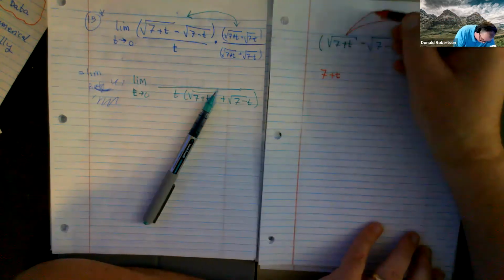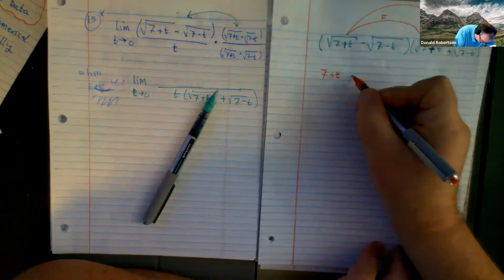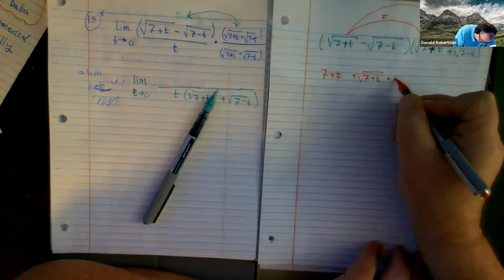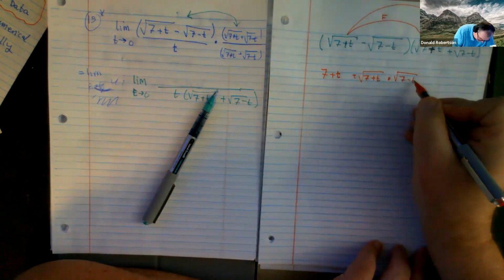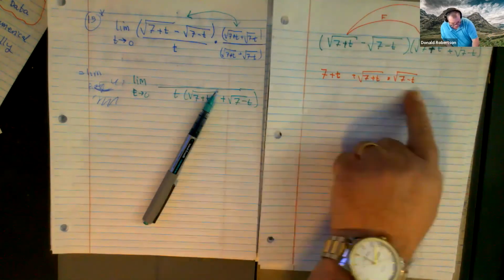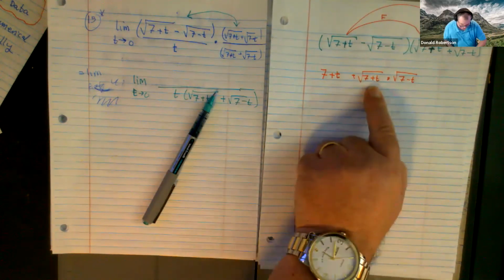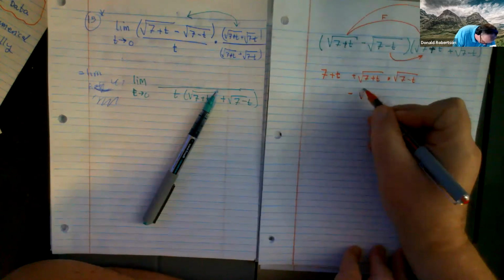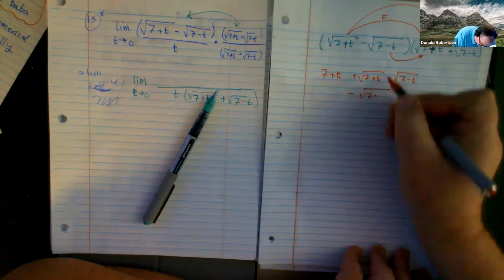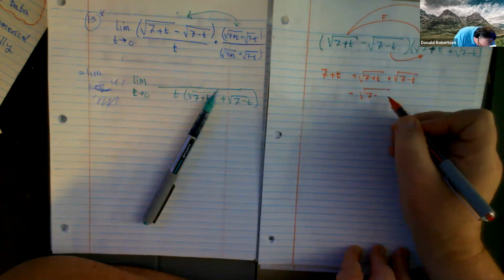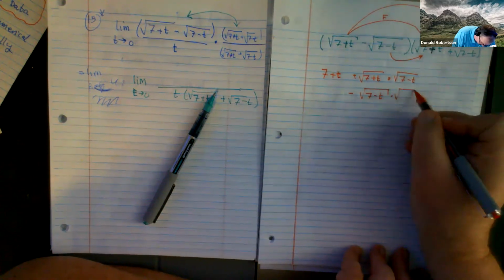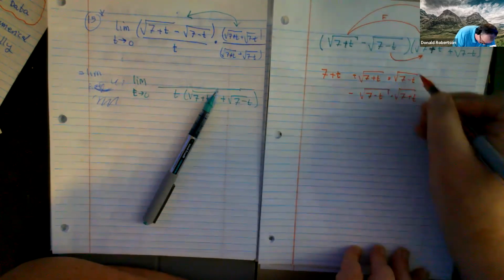Now, if you do the O, you are going to get the square root of 7 plus t multiplied by the square root of 7 minus t. And I'm going to make no attempt to make that look pretty. I'm just going to write it down exactly as it is. If you do the inside, of course, don't you get 7 minus t times the square root of 7 plus t, and that's the inside.